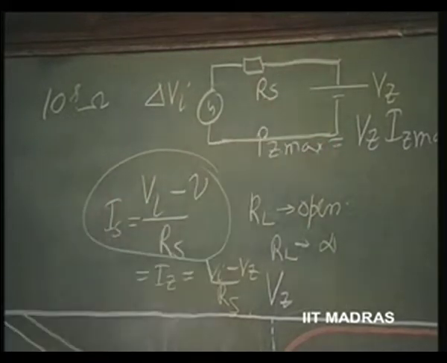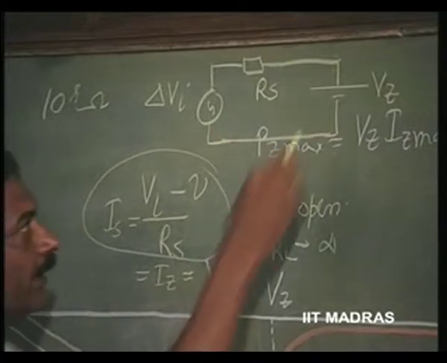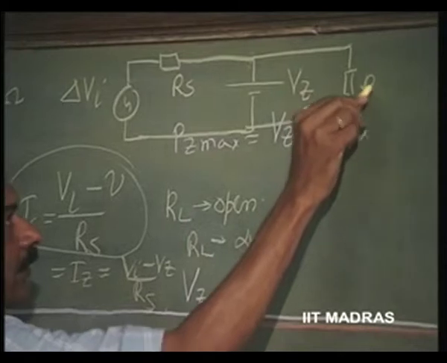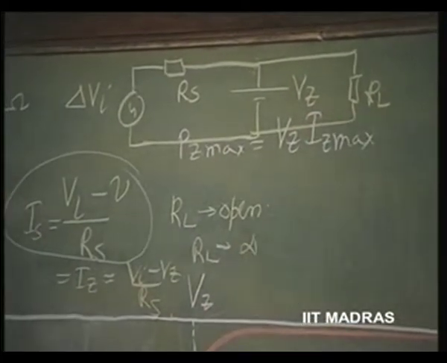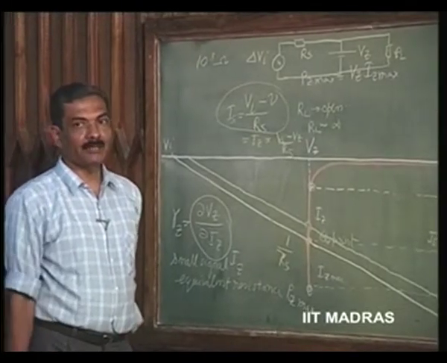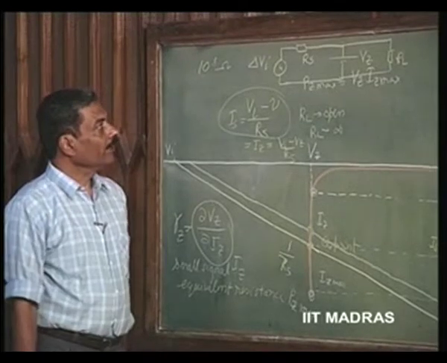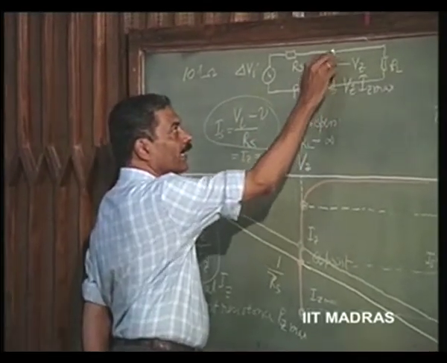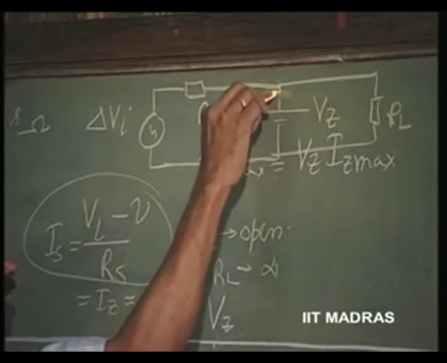So, you can replace it by means of a battery, and then of course, you can put down the load. This is the case if this were absolutely vertical. So, there is no change in Vz, so I can replace it by means of a battery. If it is not vertical, then I will say that there is a series resistance associated with it.